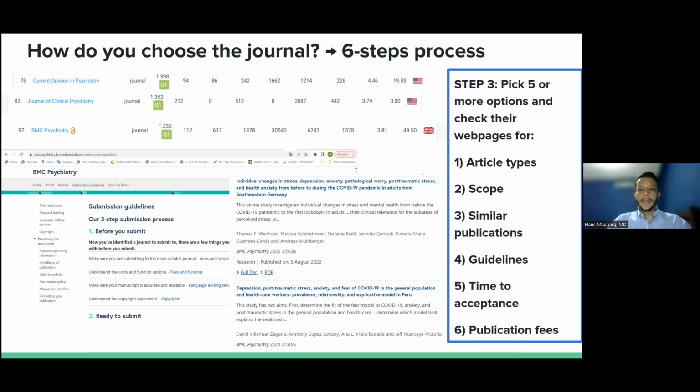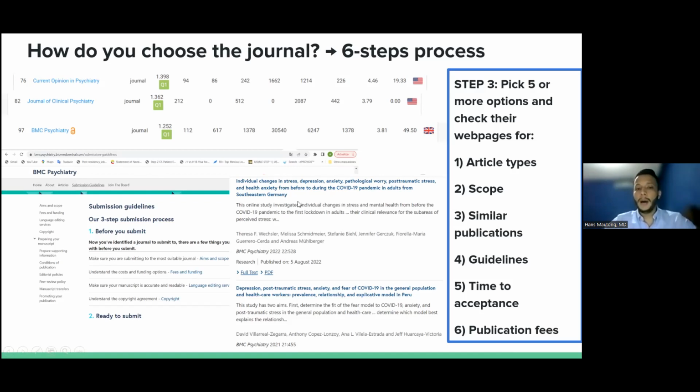Next is the scope. Basically, what the journal is looking for, what audience do they usually publish for. Then similar publications. For example, in this example, I will select BMC Psychiatry, a really good top Q1 journal in the field. So I will search for similar publications: stress, depression, anxiety, COVID-19. Let's see what pops up.